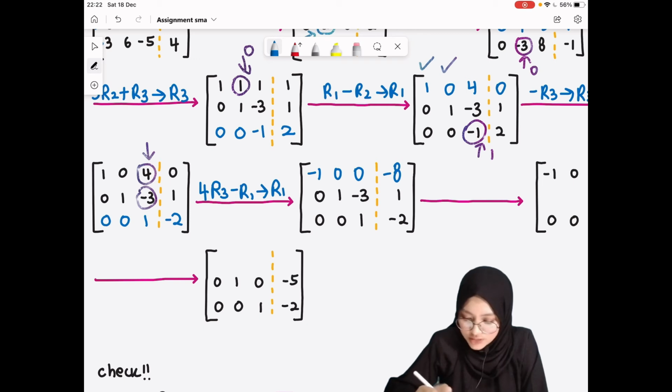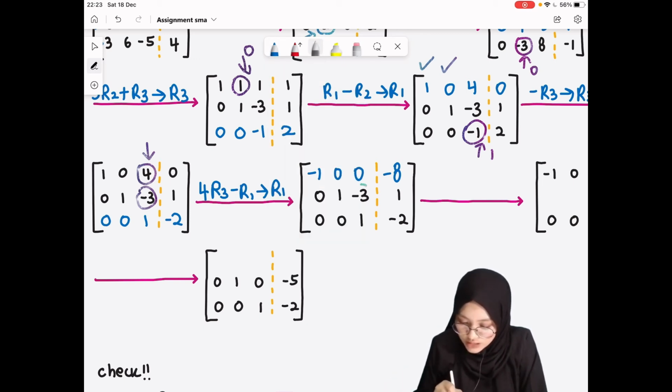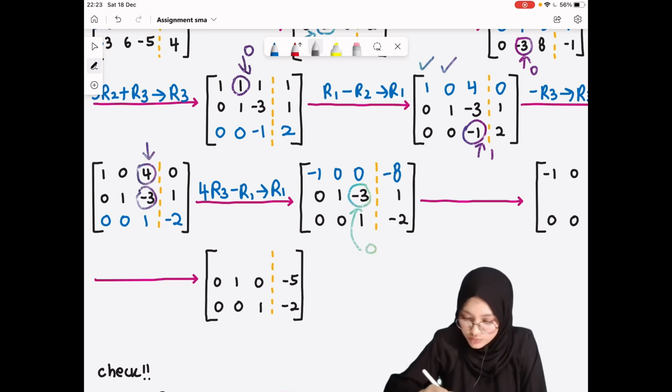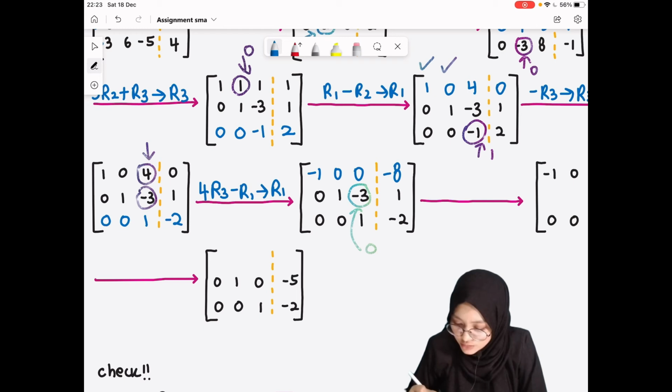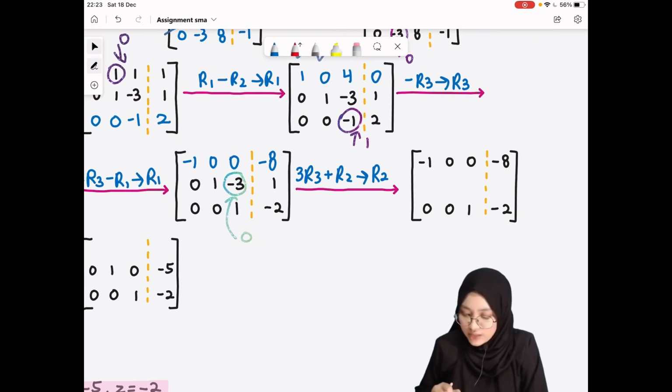Okay, so for the next step, we can see obviously we just need to change this number to become a 0. So how to make it become a 0? We can do 3 times row 3 and then plus row 2, and write the answer in row 2 since we want to make a change in row 2, right?